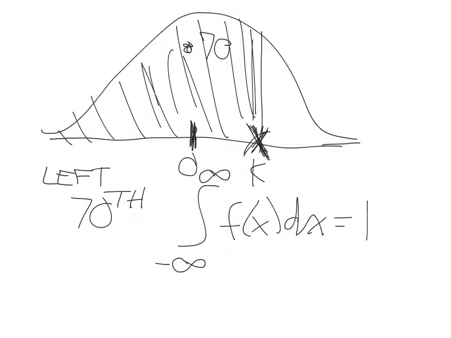That means 0 is at the 50th percentile. Here's my little dotted line. So as soon as I see 70th percentile, I know that the K value is going to be to the right of 0. That's what I need to do, find K, which is missing.